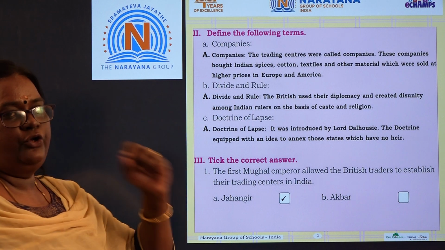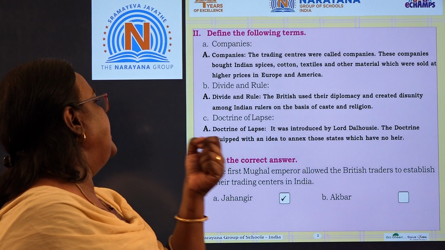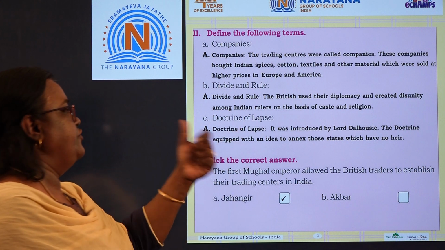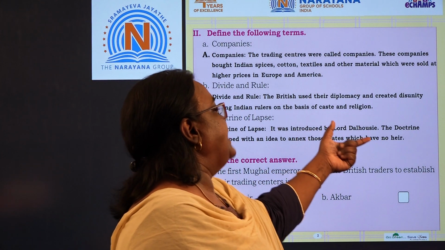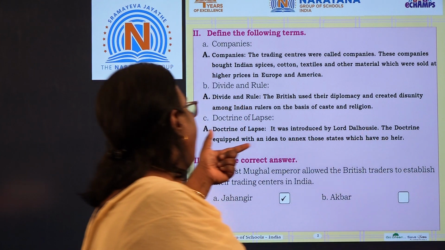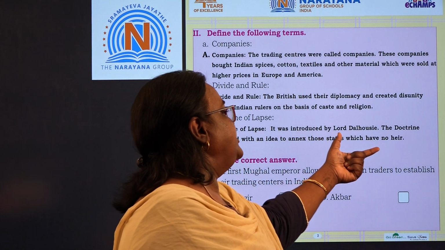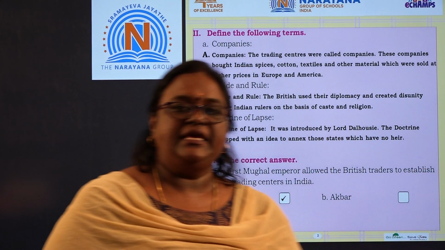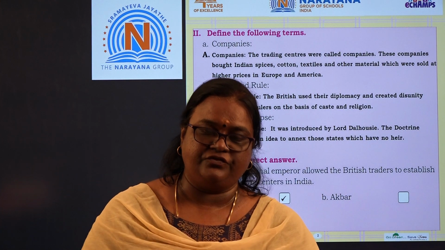Okay, moving on to the third point. What is the third thing? Doctrine of Lapse. What is the Doctrine of Lapse? It was introduced by Lord Dalhousie. The doctrine was framed with the idea to annex those states which have no heir. In the earlier days, there were kings ruling different parts of this country.